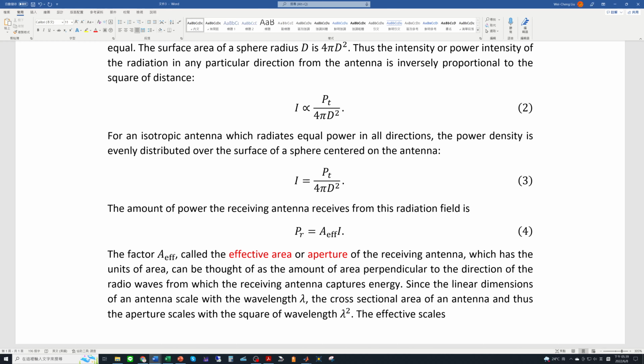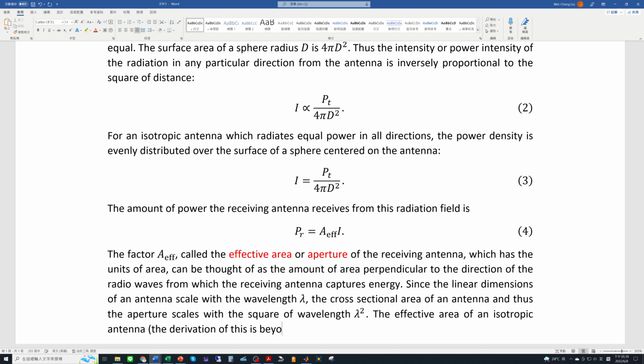The effective area of an isotropic antenna: the derivation of this is beyond the scope of this course.